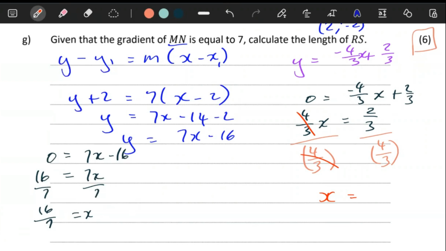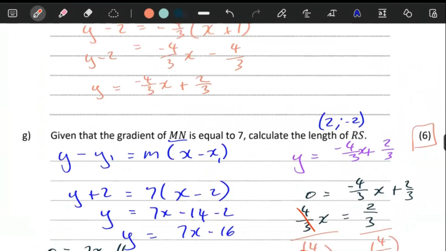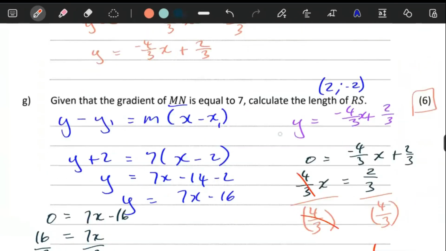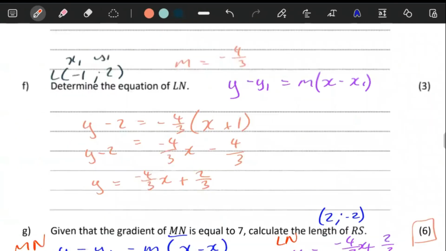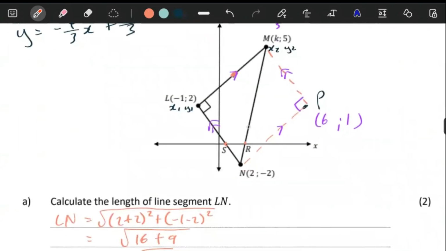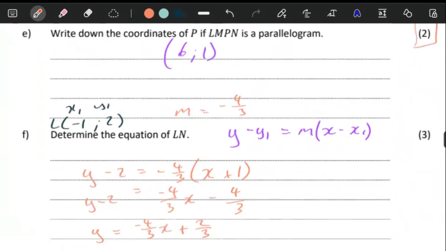That's a half. There we go, half. So all things considered, you have two x-intercepts. This is the x-intercept for Ln. This is the x-intercept for Mn. This is 16 over 7. This is a half. So the distance here is going to be 16 over 7 minus a half.